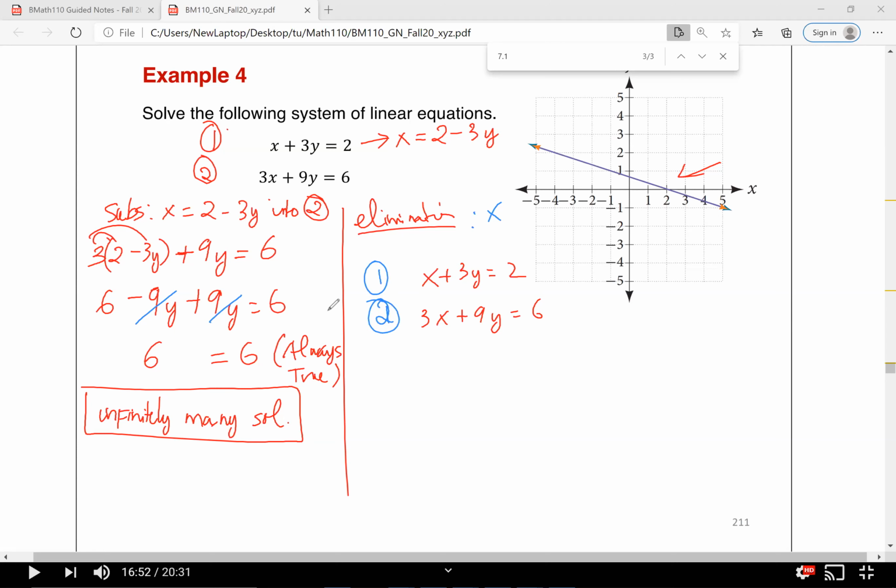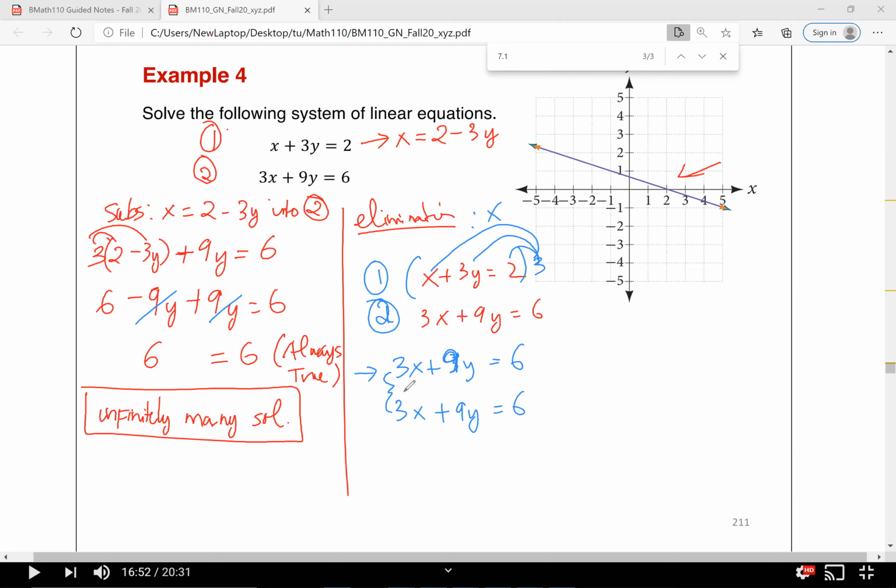That means I need to take the first equation here and multiply by 3. Then I will have 3x, the same as 3x for the second one. So I will have 3x plus 3y, 3x plus 9y, sorry, 3x plus 9y equal to 6. And then 3x plus 9y equal to 6.